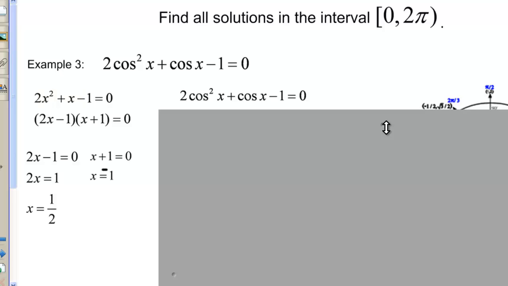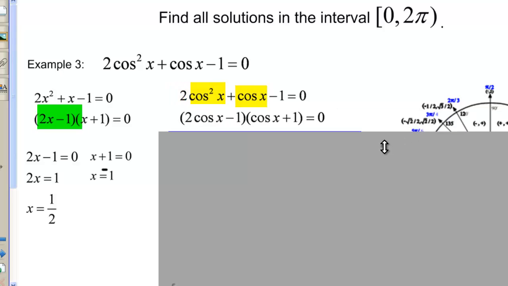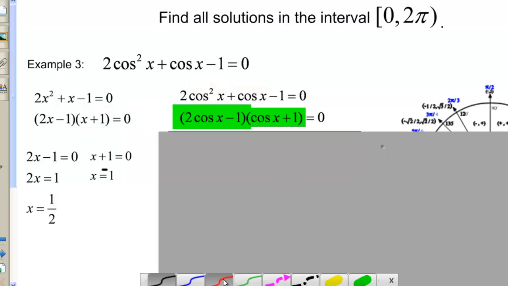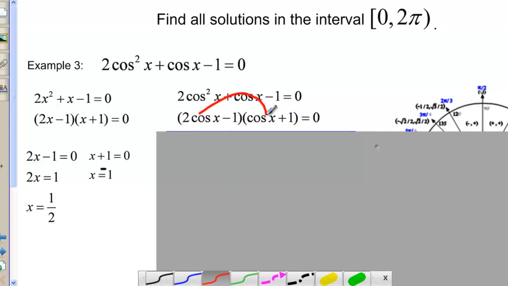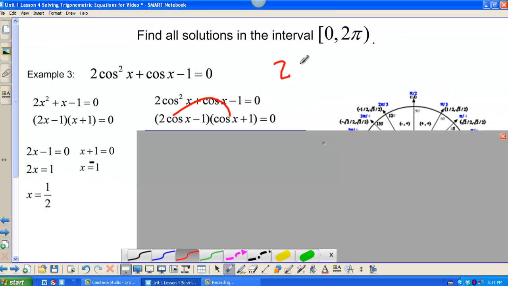It's the same format. Instead of x's, I have cosine x's. So when I go to factor this, I have 2 cosine x minus 1 times cosine x plus 1 equals 0. Why does this work? Because if I use the distributive property, or FOIL, I would get 2 cosine squared x.